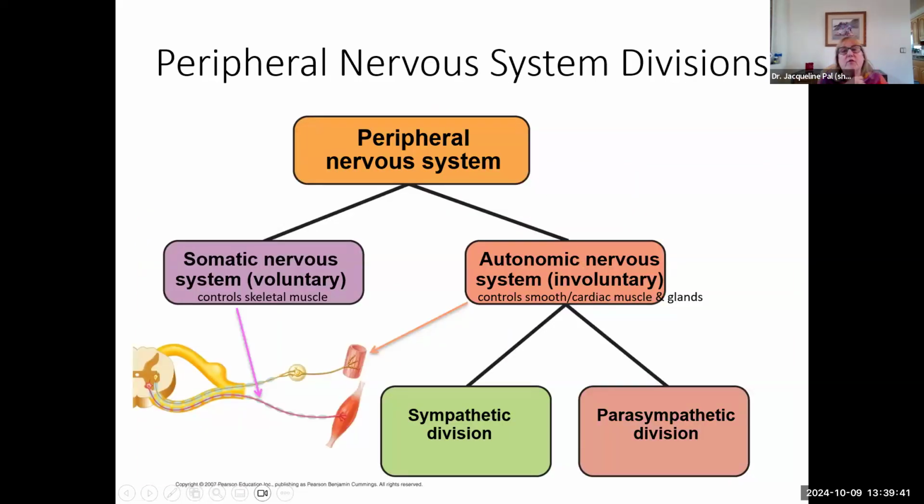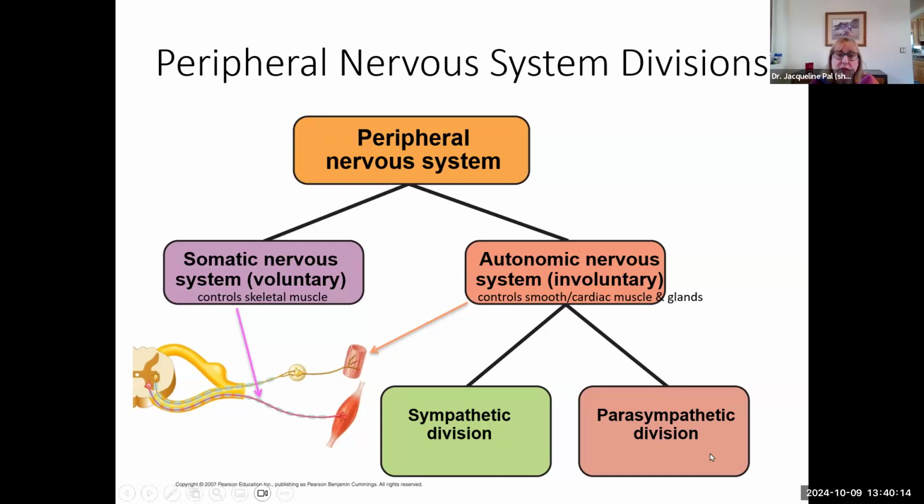So when we look at the peripheral nervous system, we have two divisions where we're looking at these motor nerves. The somatic nervous system is what we have talked about previously. This is what controls the skeletal muscle. And now in this section, we are going to be talking about the autonomic nervous system, which is involuntary and is going to involve those other effectors, the cardiac muscle, the smooth muscle, and the glands.